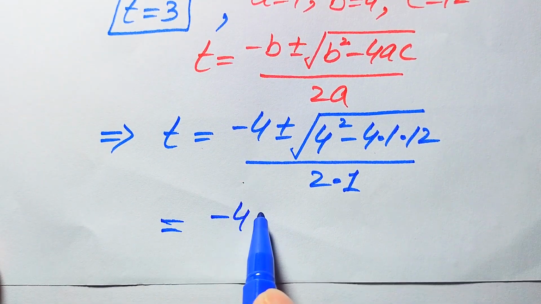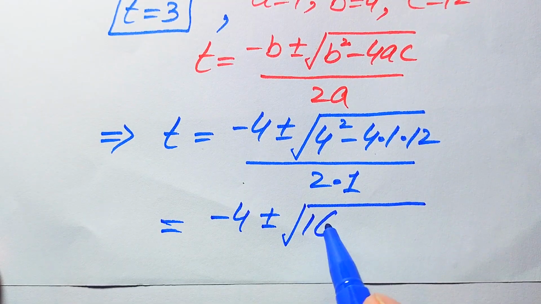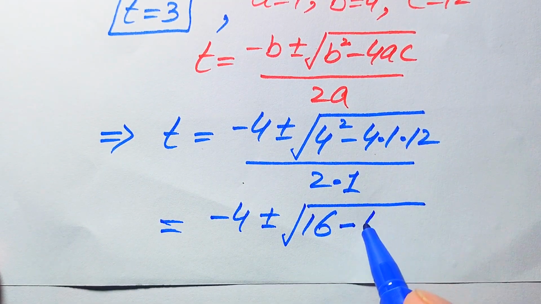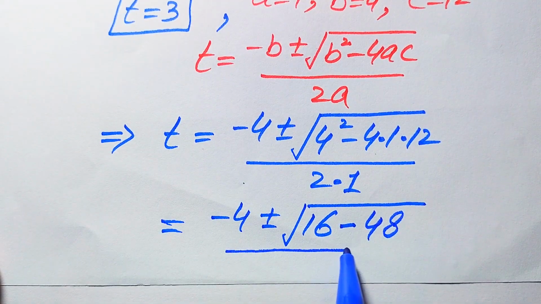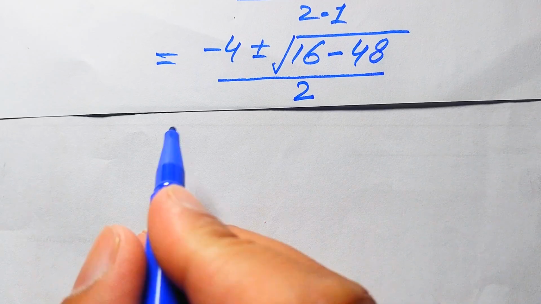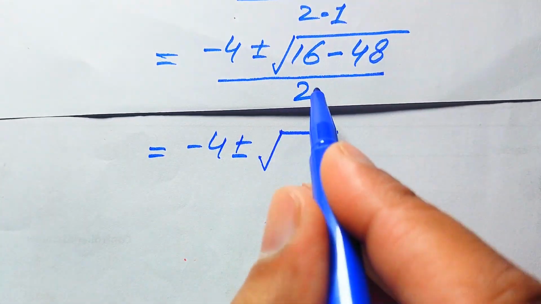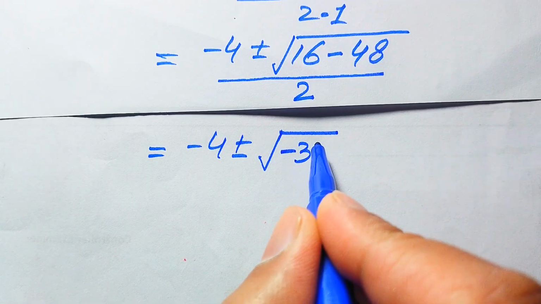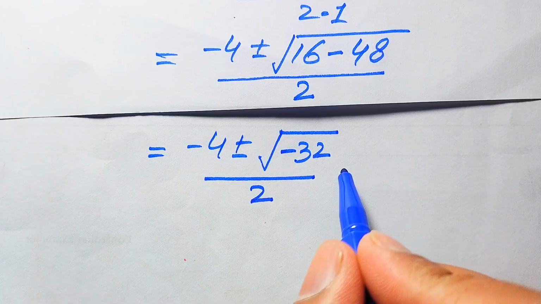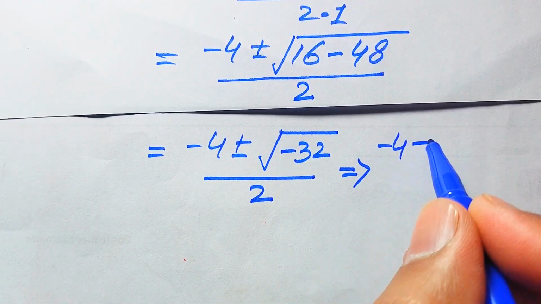Further in the next step we have minus 4 plus minus square root of 4 square, and 4 square becomes 16, minus 4 times 12 becomes 48, divided by 2 times 1 equals 2. So from here we have minus 4 plus minus square root of 16 minus 48 becomes minus 32, divided by 2.